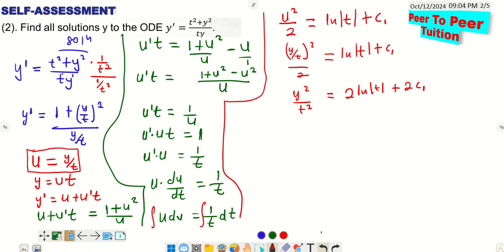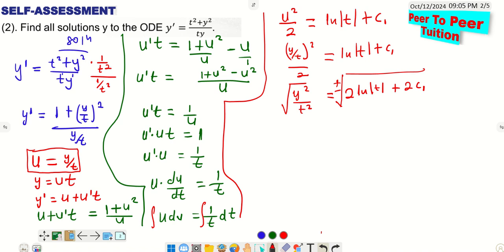Then from here I can still simplify. Now if I square root both sides, you will bring plus or minus here.